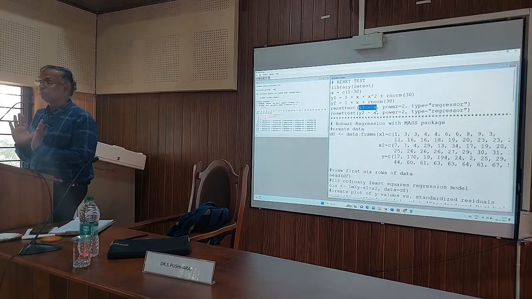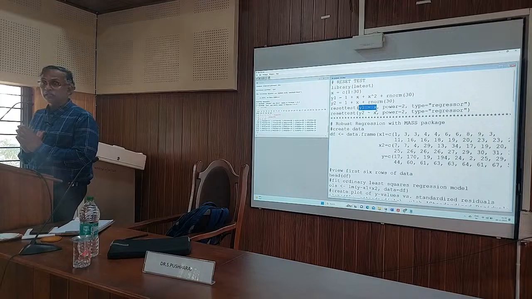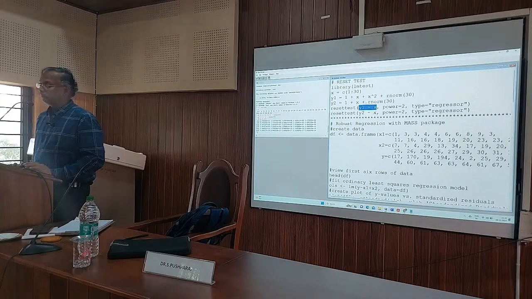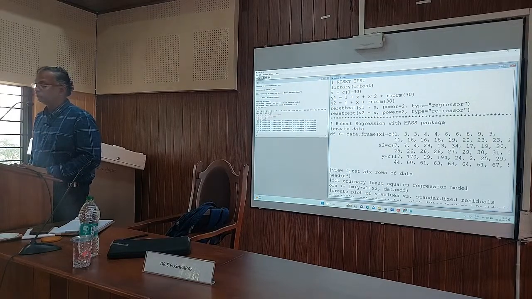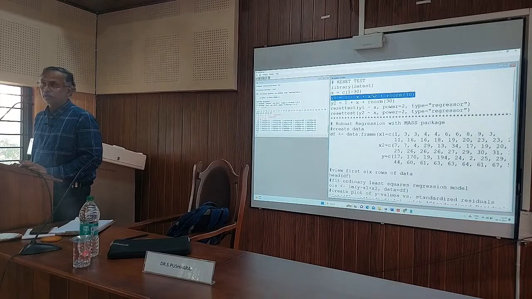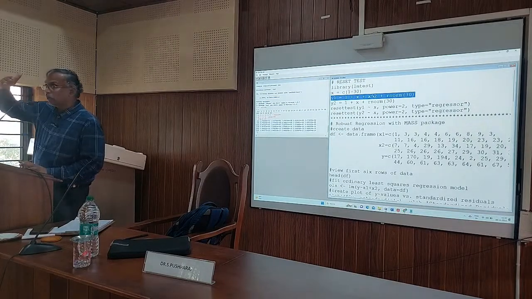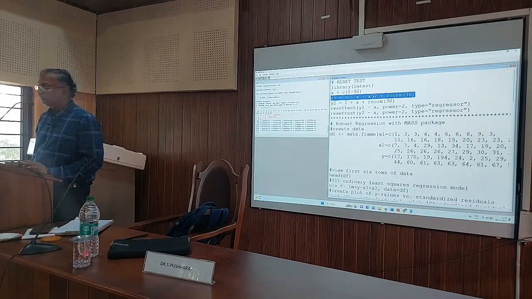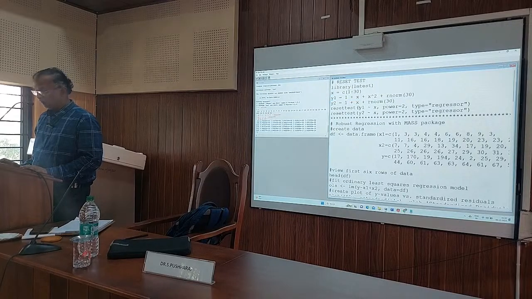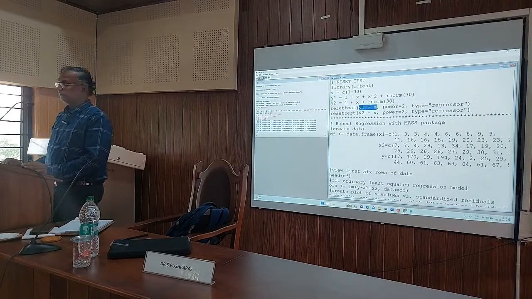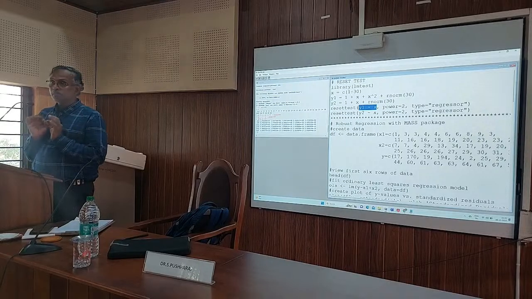So this model is misspecified, right? Functionally misspecified. This is the original model, which has the polynomial term. This is a quadratic function, but I run the model as a linear model. So it is misspecified.